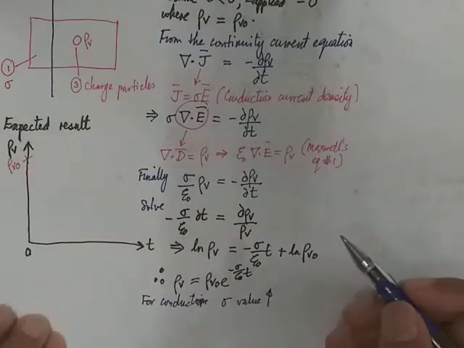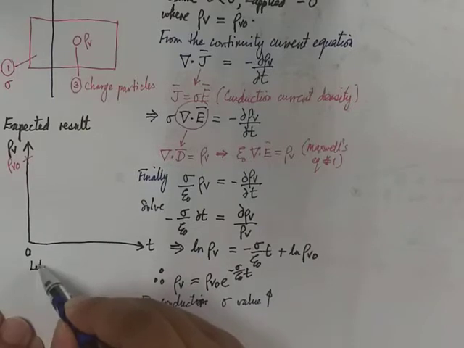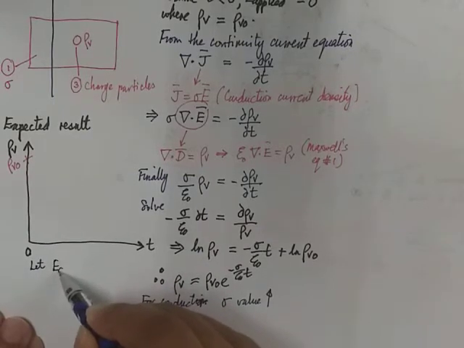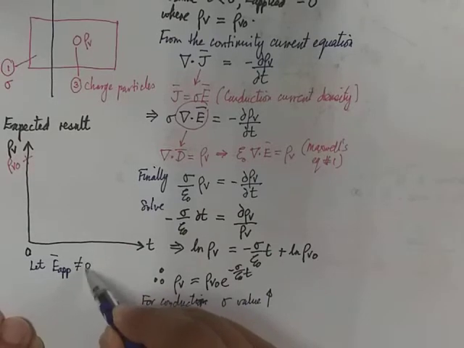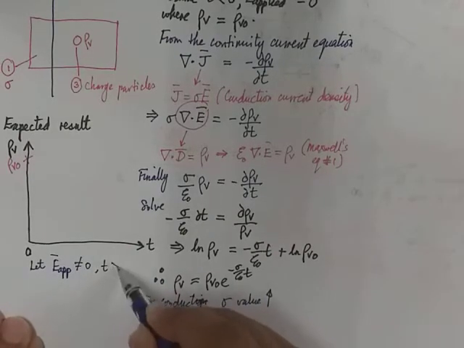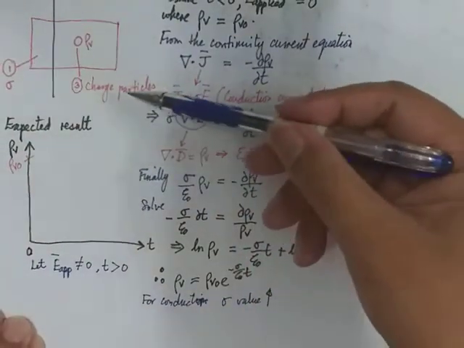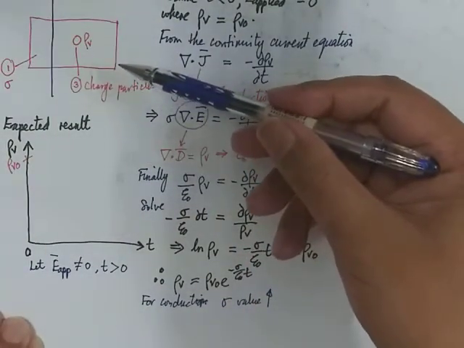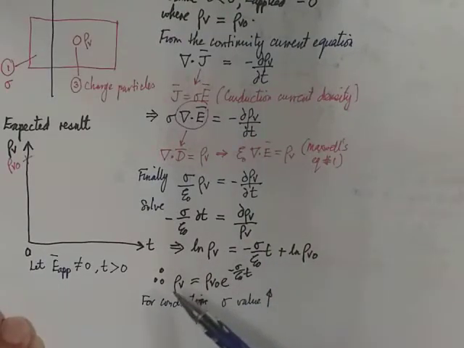Then if I plot the graph now, meaning that I now apply E greater than 0. So let's assume now E applied is not equal to 0 for the case t is greater than 0. So we are exposing the conductor now to our electric field. Now I'm going to use this particular solution to plot the graph.